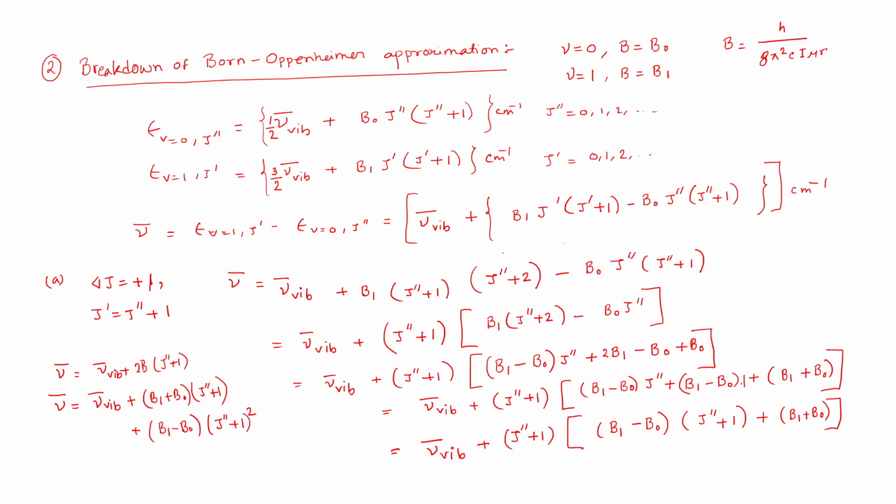B is H by 8 pi square mu R naught squared by C. Sorry, C into C. Okay, so I think I am correct, right?